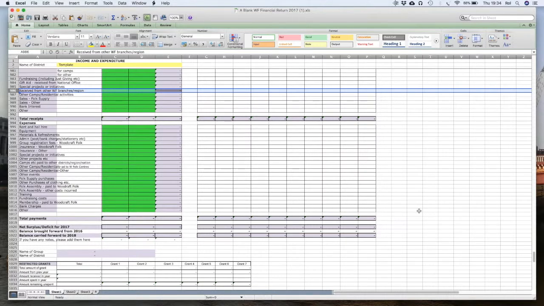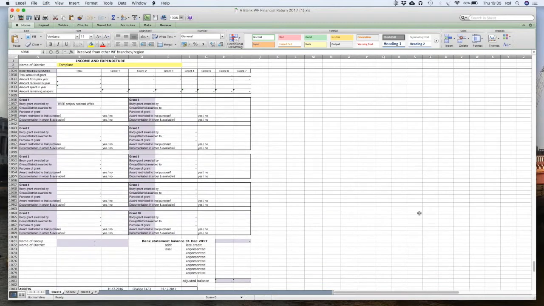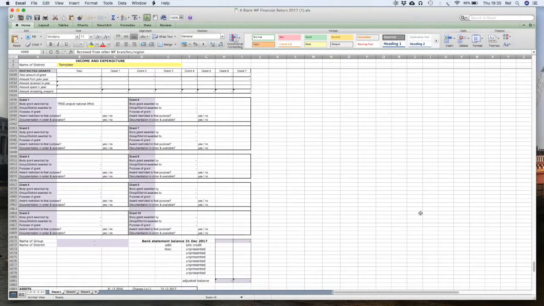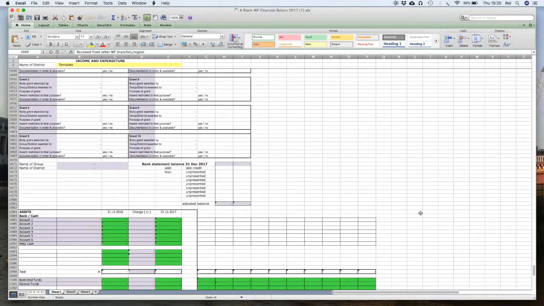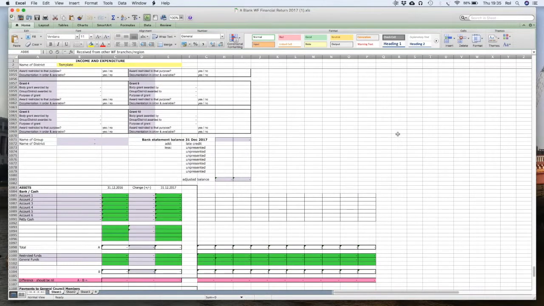Okay, so that's dealing with the grant section. The only other thing we'll talk about is bank reconciliation, on lines 1071 onwards. Now, what can happen is groups just issue a check, perhaps in November or December, and it may not actually get banked by the person it's paid to by the end of December.